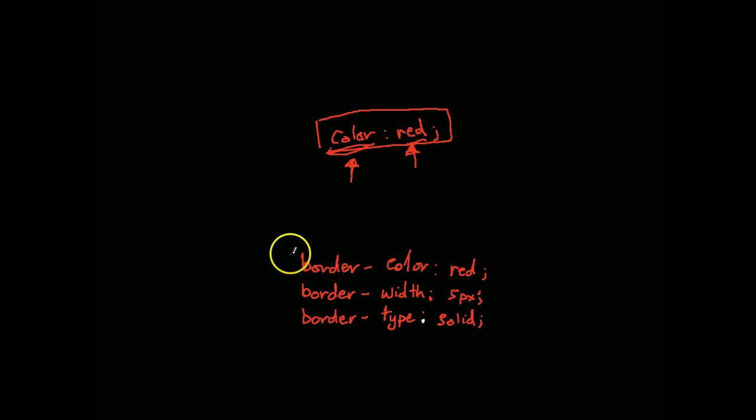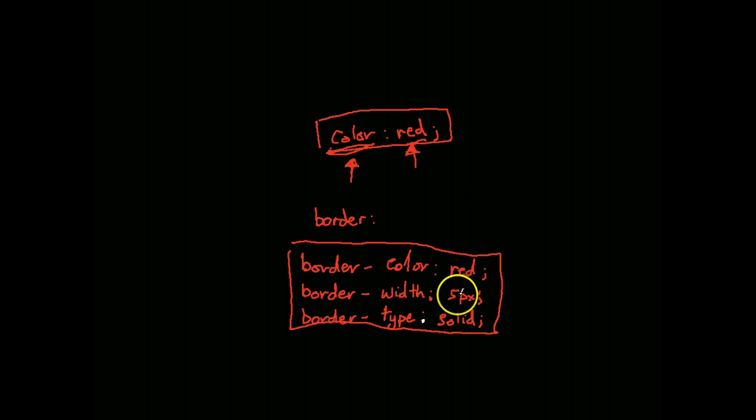Now what we've actually done here is we've combined all of these into one rule, okay, and this one rule looks like this. It just says border has the following attributes or the following rules. Border is red, and you can mix and match these. You can put either one of these first.